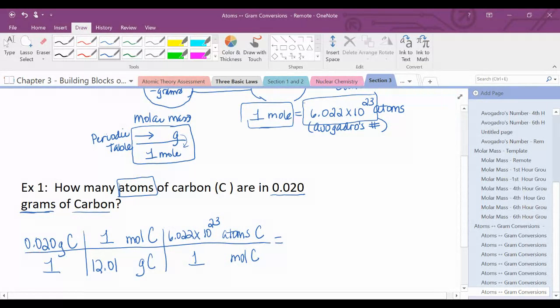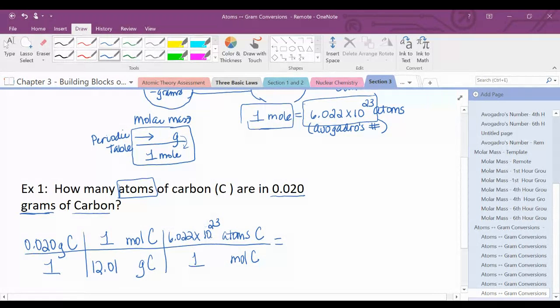All right, then we're going to solve our problem. In this problem, not everything on the bottom is a 1, so we need to multiply across the top and multiply across the bottom. If you need to pause the video to get out your calculator, do so. I'm going to multiply my given, 0.020, times Avogadro's number. Remember that when you're multiplying times 10 to a power, you should use the EE function of your calculator.